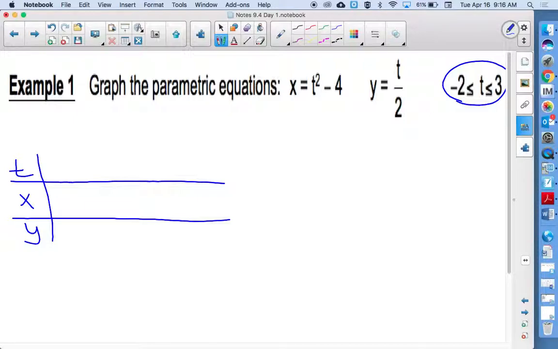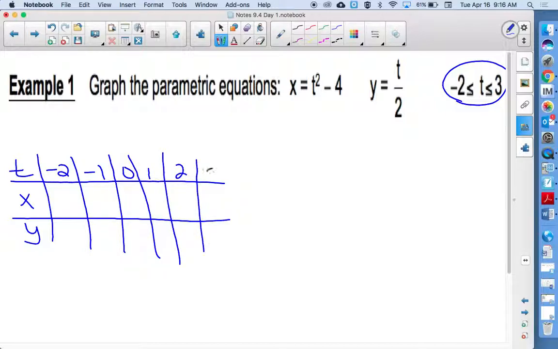We need to plot a point for every amount of time that is accounted for in our restrictions. So our restrictions go from -2 to +3. So every second we're going to be plotting a point, starting with -2 and going up to +3. So take your time values, plug them into the parametric equations. Get corresponding x and y values.